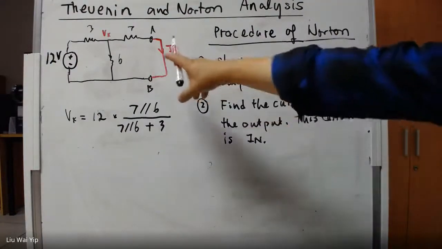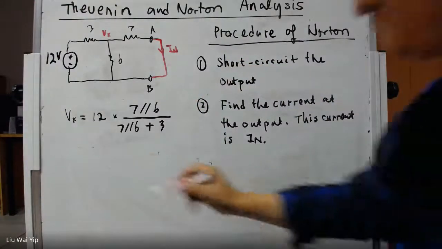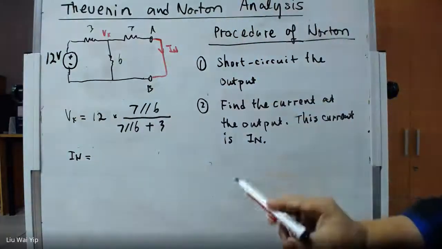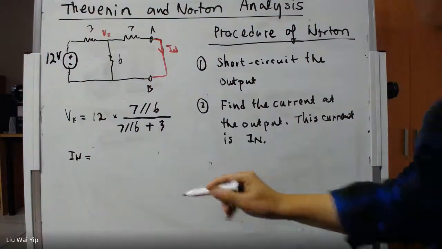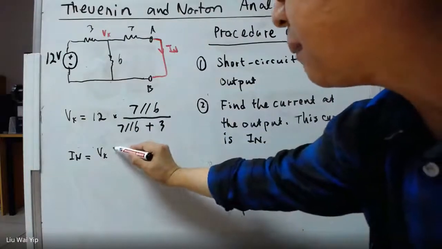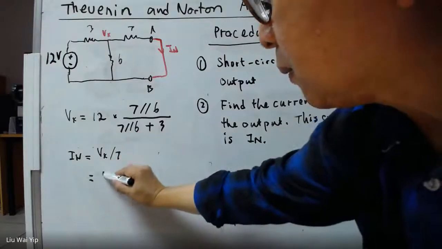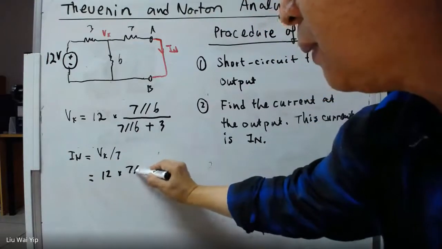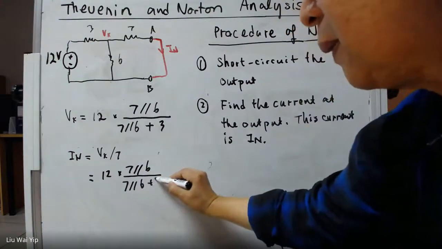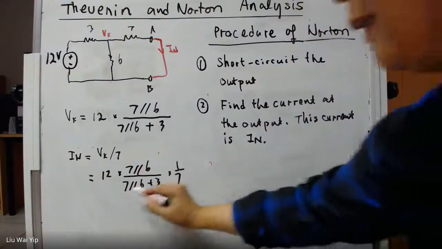And then we are going to find the current. The IN is going to be Vx divided by 7. This means 12, 7, and then times 1/7.